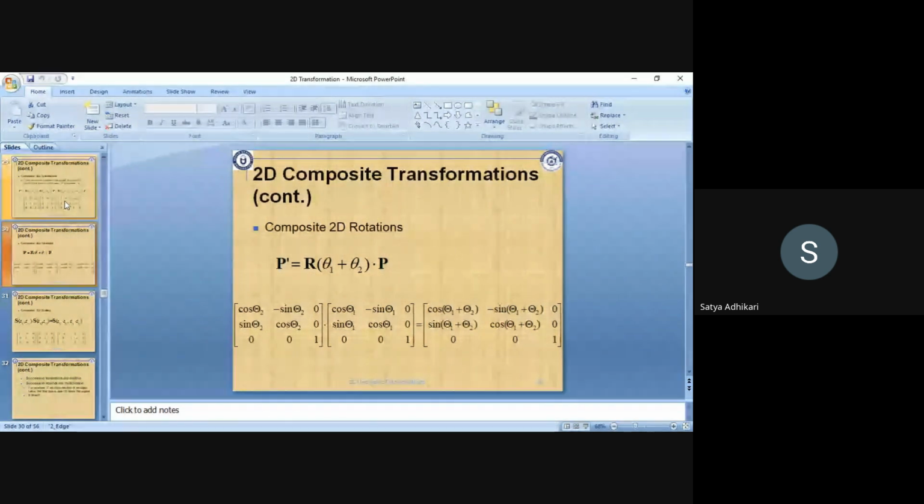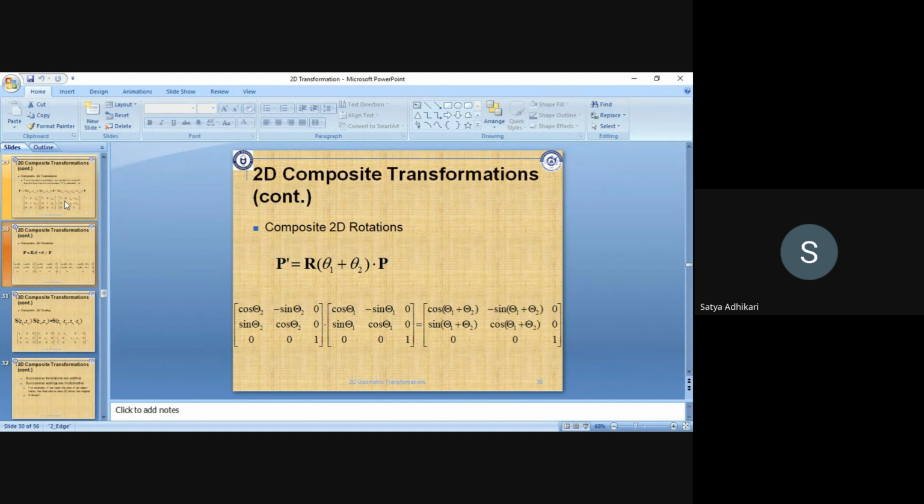You see, then P dash equals R of theta 1 plus theta 2 into P. So finally, you have to multiply those two matrices, M2 into M1. Multiplied, you will get cos of theta 1 plus theta 2, minus sin of theta 1 plus theta 2, 0, sin of theta 1 plus theta 2, cos of theta 1 plus theta 2, 0, 0, 0, 1.